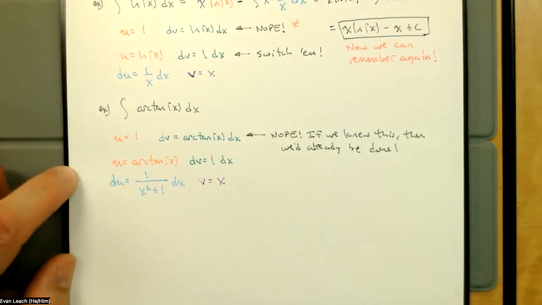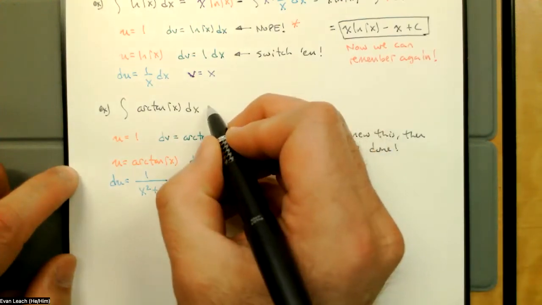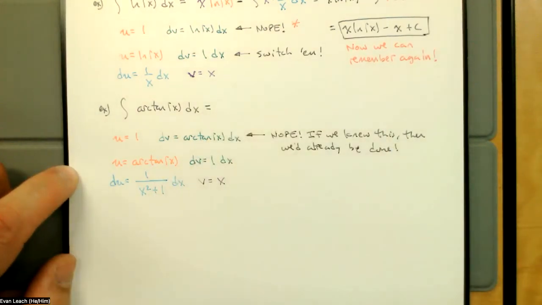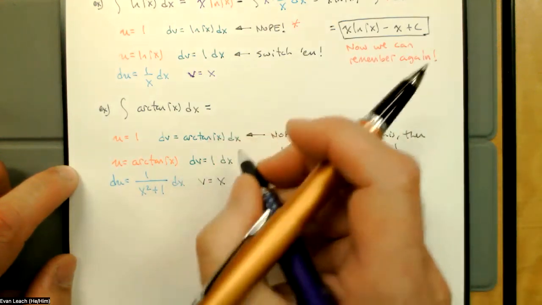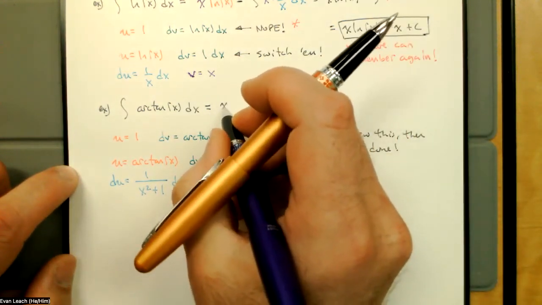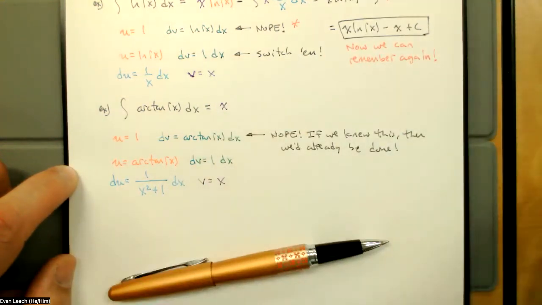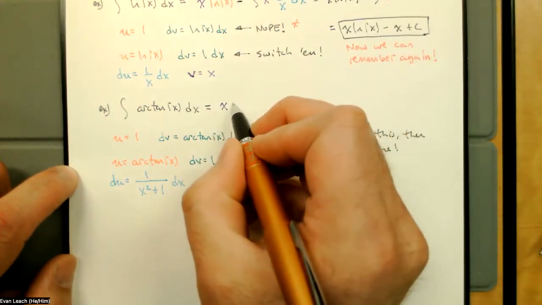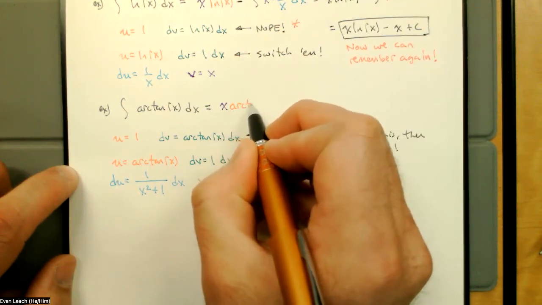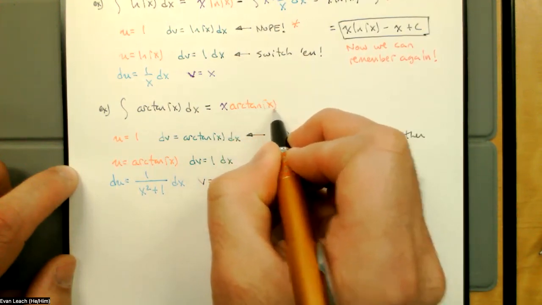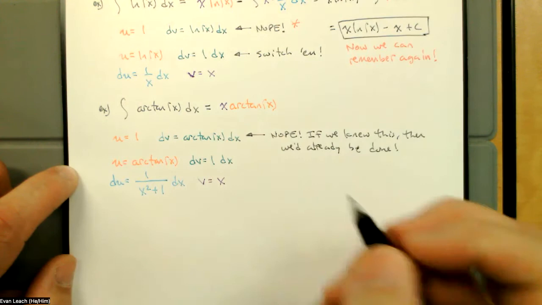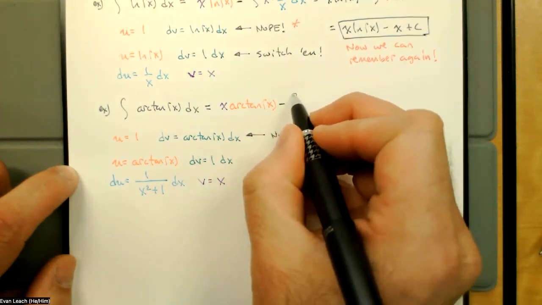Now that we have the 4 parts, we can put these together in the parts formula. So we're going to say the integral of uv is uv minus the integral of v times du.